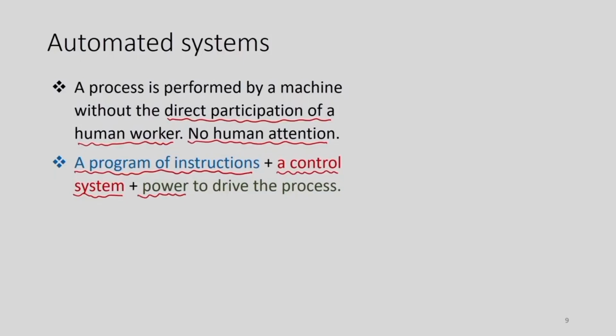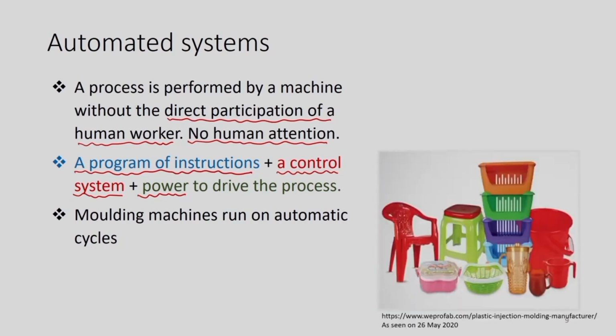The power is required to drive the variety of actuators of that equipment. A simple example of an automated system is the molding machine, which are running on automatic mode, and they are used in manufacturing of variety of products which are seen on the screen at the mass scale.